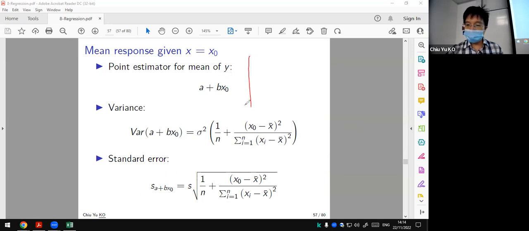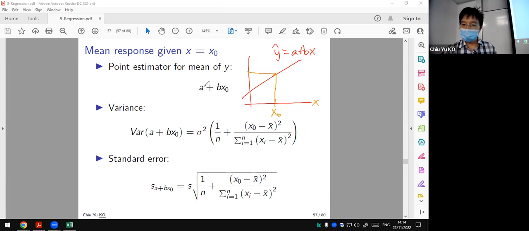I have a regression. The regression line gives us A plus BX. So what we are doing is, suppose I give you a value called X0. What is our prediction of Y? It will be just this number.